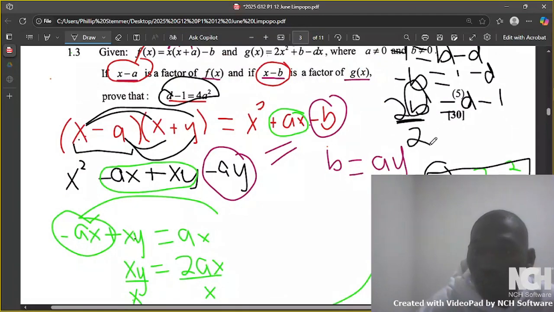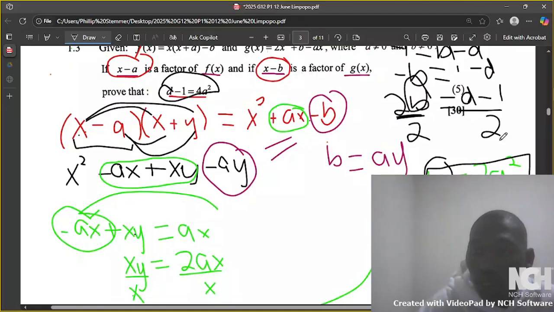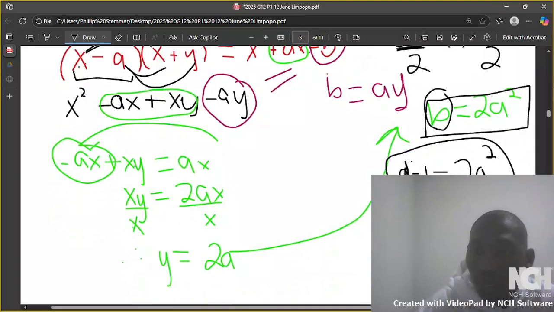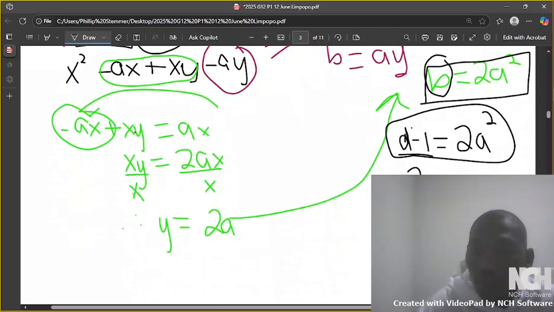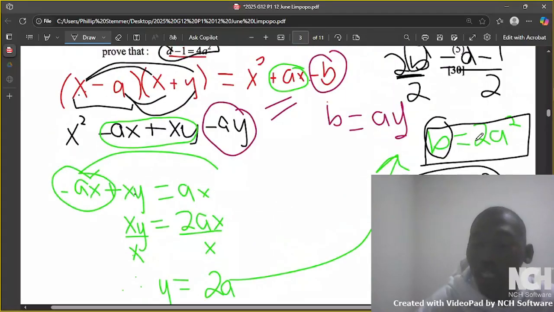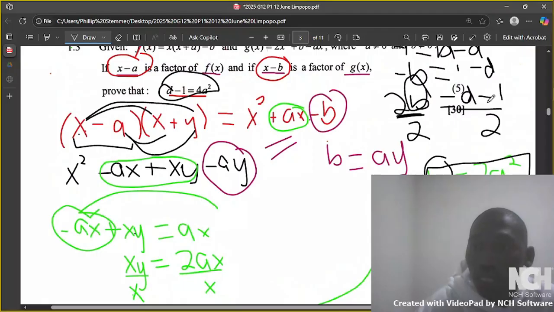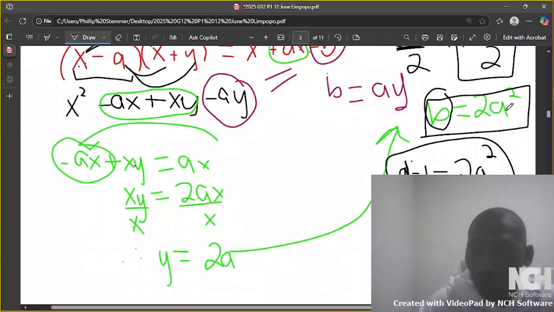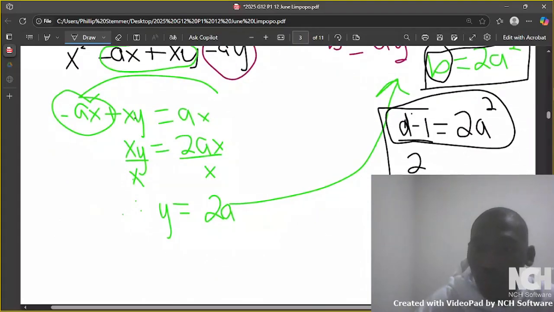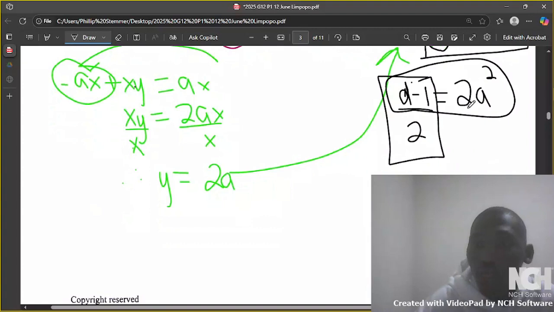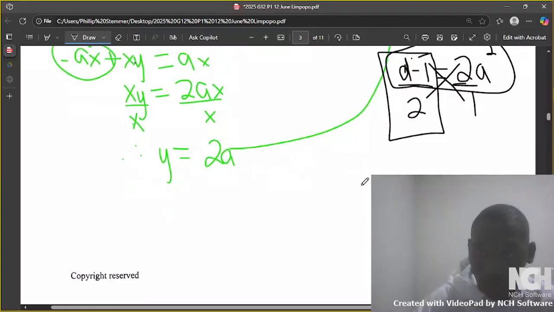Then divide both sides by 2, remember it's over 2. b over b is equal to d minus 1 over 2. Then cross multiply. Then d minus 1 is equal to 4a squared.